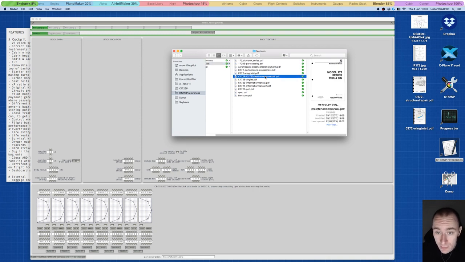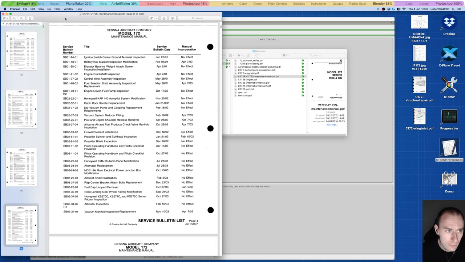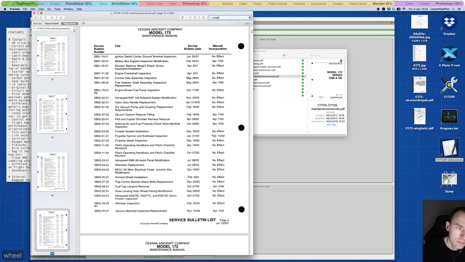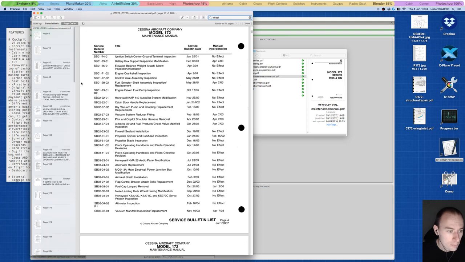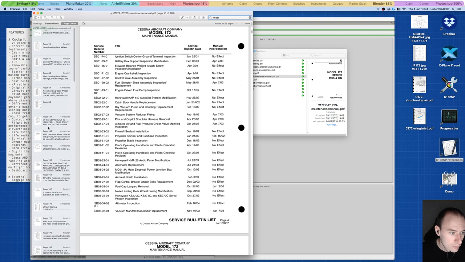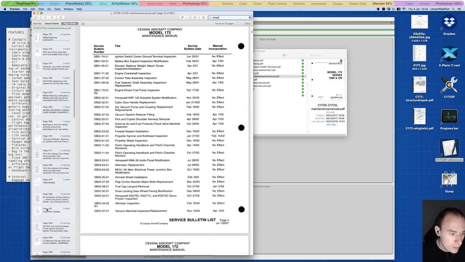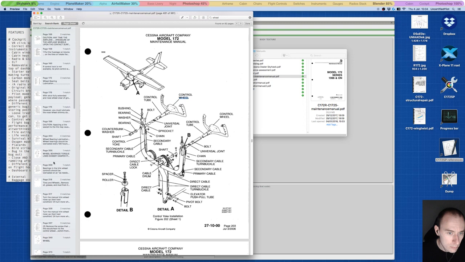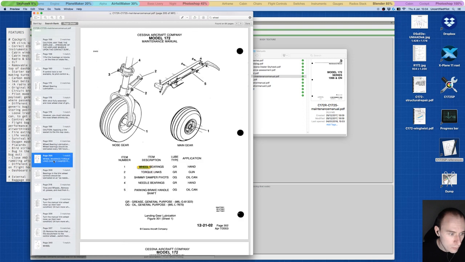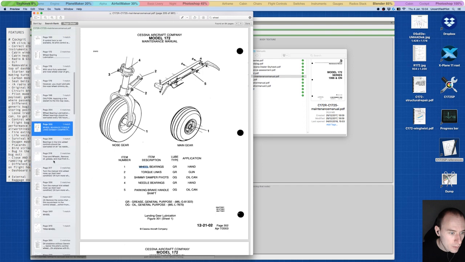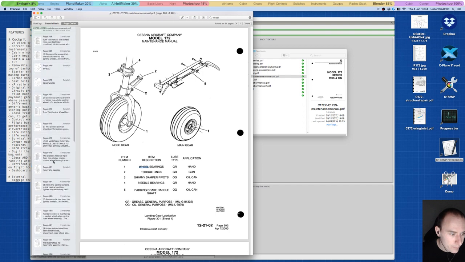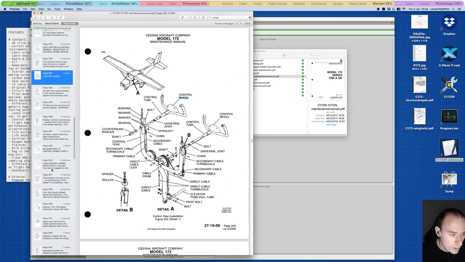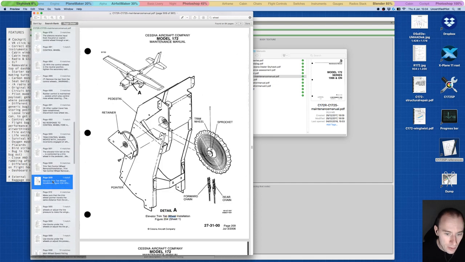Well, maintenance manual, let's have a look. Wheel. Just looking at these thumbnails to get some pictures going, the trim.